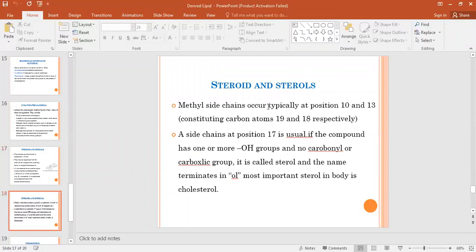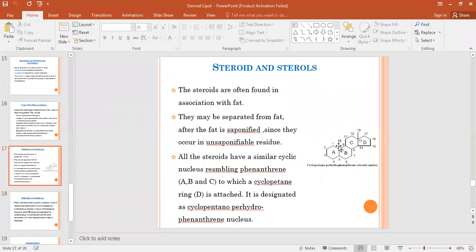Methyl side chains occur typically at positions 10 and 13, constituting carbon atoms 19 and 18 respectively. At carbon numbers 10 and 13 a methyl group is attached, forming carbon numbers 19 and 18.